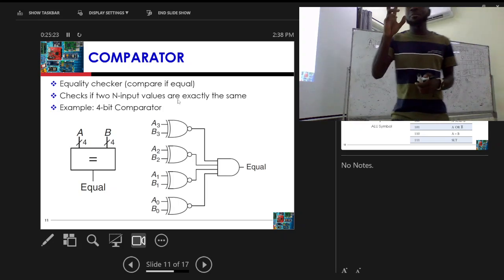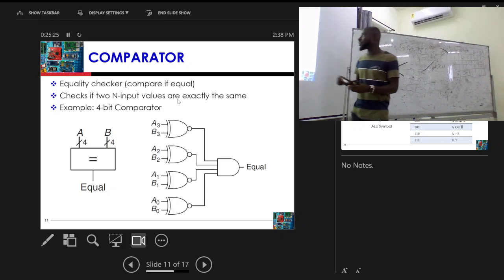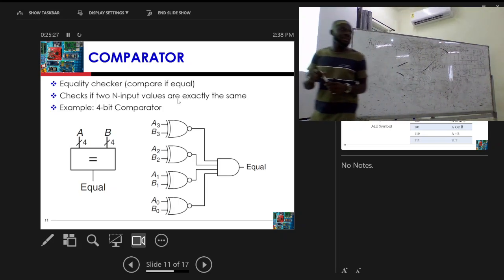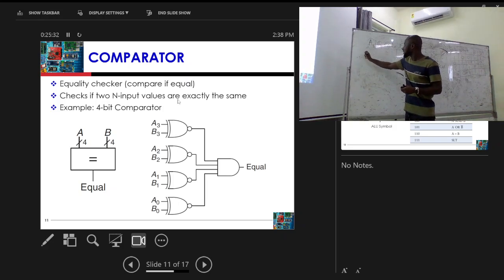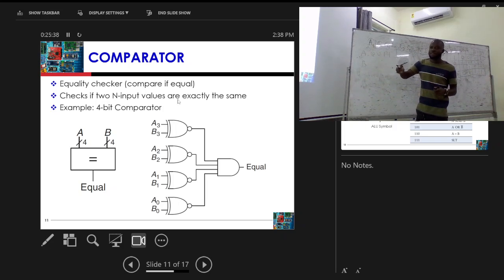So here, what that means is, as I said, we compare. Pay attention. In case we have the number A and B. If A is, let's say, 0011, right? And B is 1000, right?